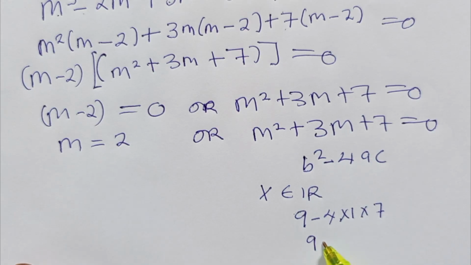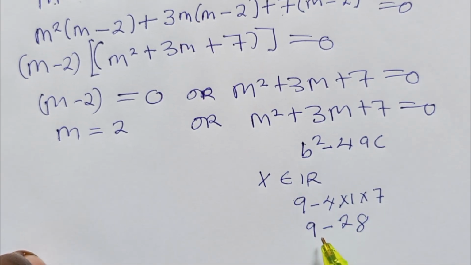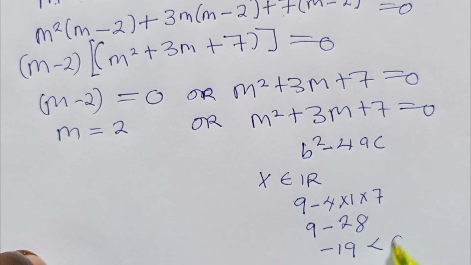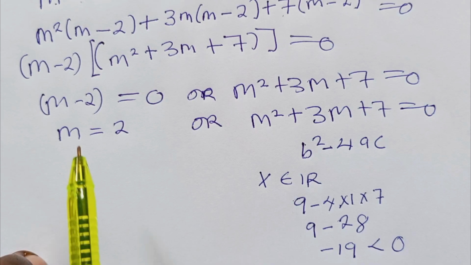So 9 minus 4 times 7, that's 28, and 9 minus 28 is going to give us minus 19. Hence it is less than 0, which implies it is a complex root. Hence we will not be needing this particular one. So that means we are only going to work with m equals 2.